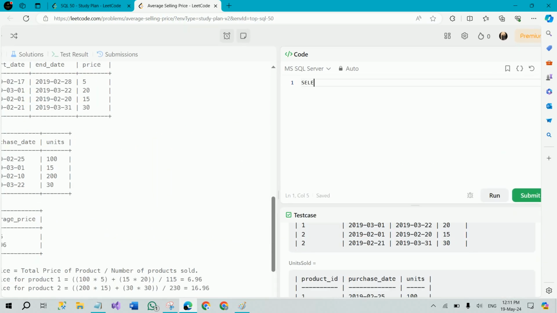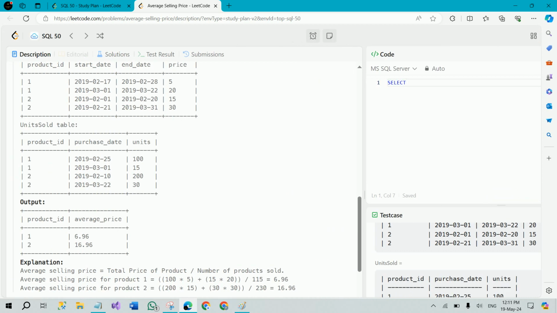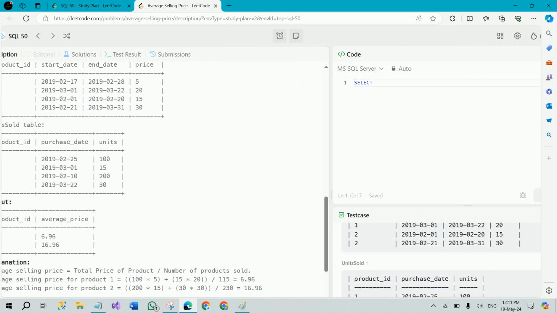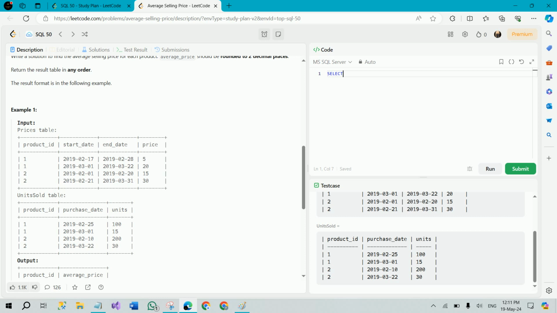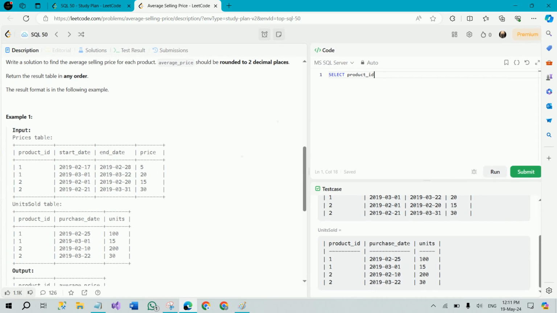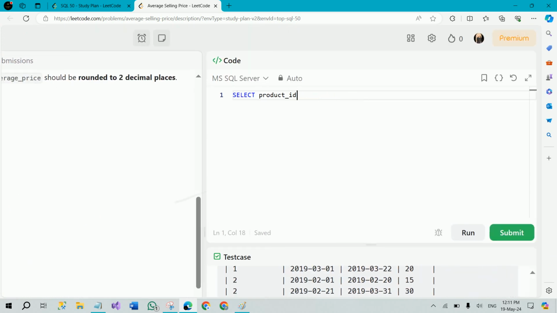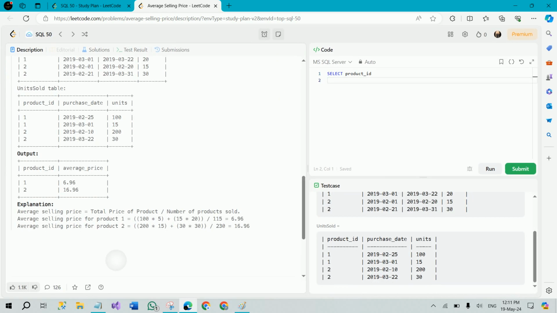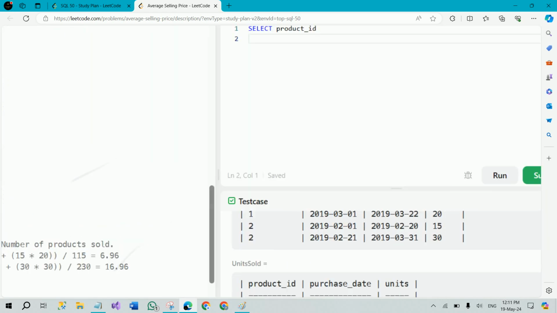What we have to get in the result is product id and average price. So we can get the product id from the first table, prices and units sold. Table names are prices and units sold, and second is going to be average price.